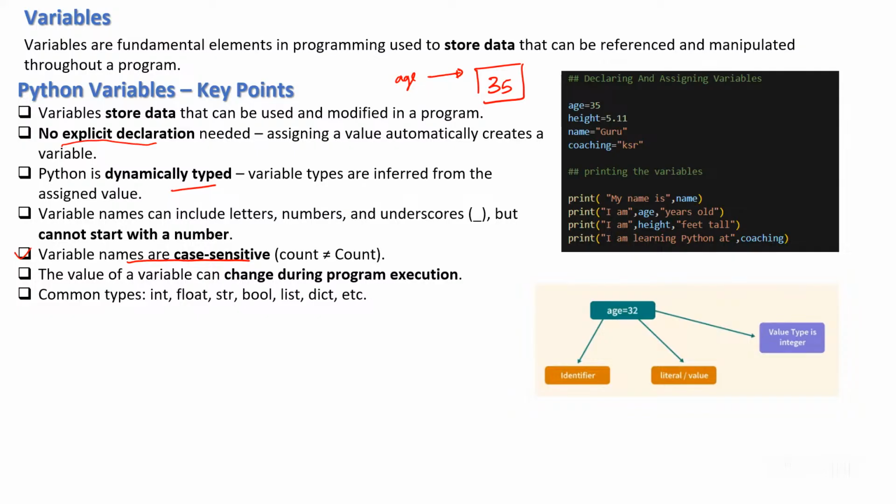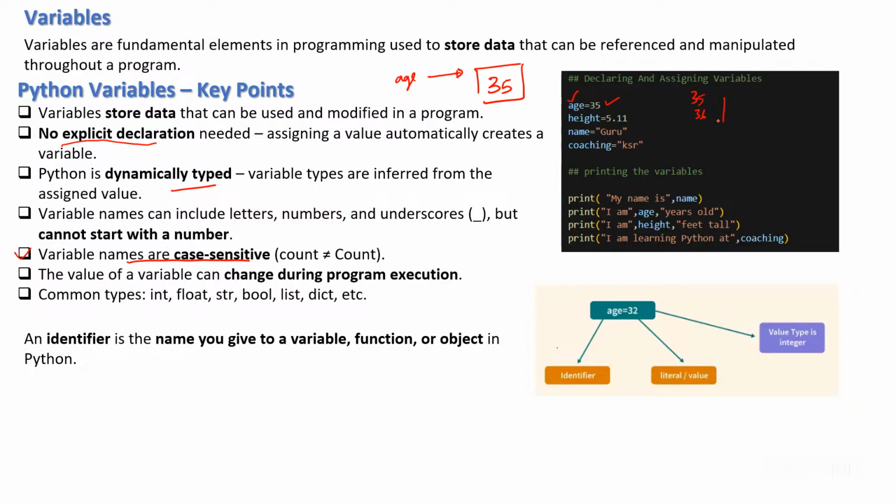No. Variable means it will change again and again. Identifiers are nothing but the names you give to any of the functions, variables, objects inside your Python. Those are identifiers, which are uniquely defined. For example, I'm saying age; there is some meaning to this. Whatever value you assign are called literals, which can change accordingly. Now it is 35, next day it might be 36, some might have 50.